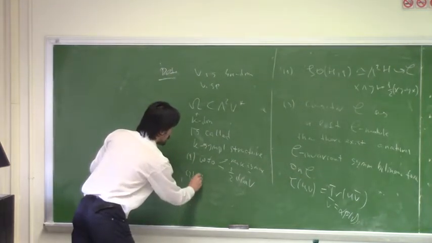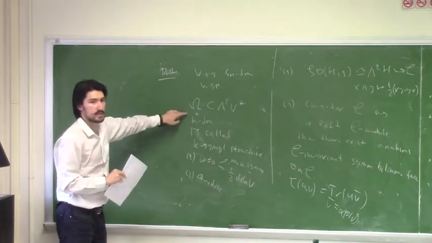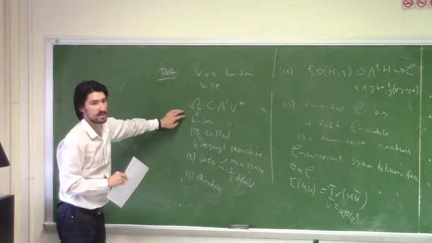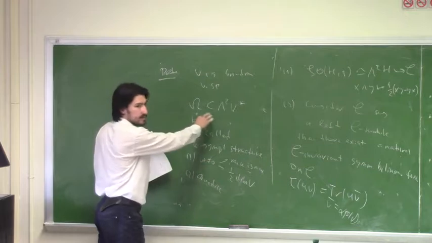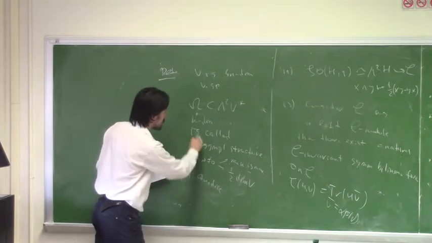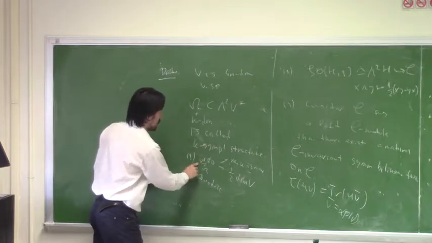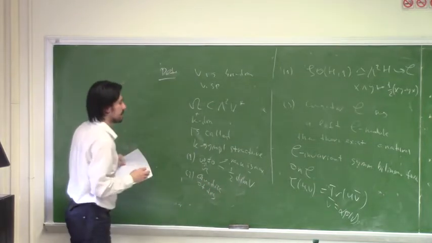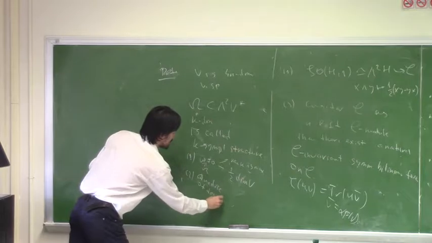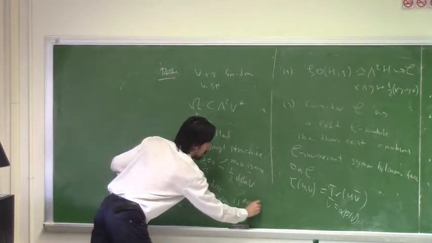So what is capital omega? Capital omega is a k-dimensional linear subspace of lambda 2 star. Okay. So it's called k-symplectic if the following holds for non-zero forms from omega: the quadratic of degenerate forms is non-degenerate.